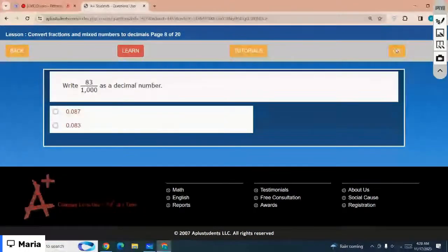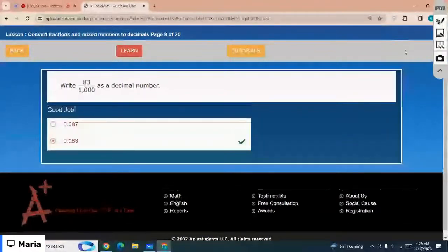So which is the correct option? Yes, the correct option is 0.083. The second option is the correct option. Very good.